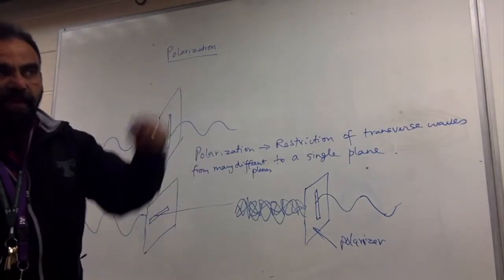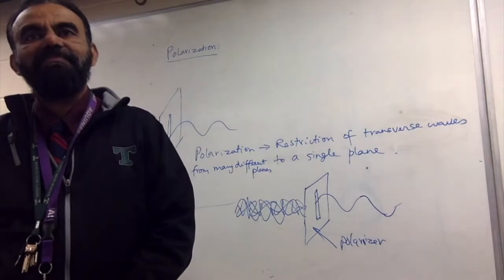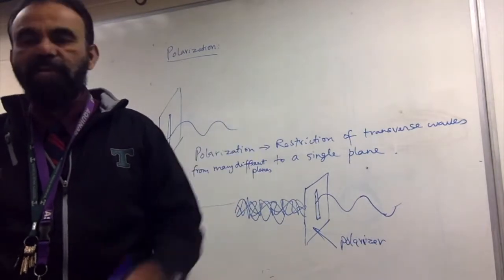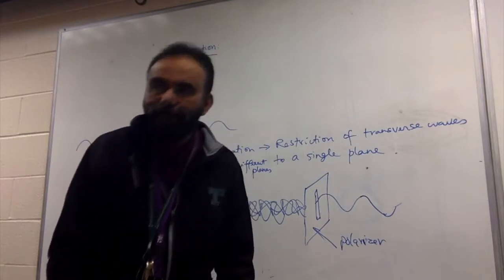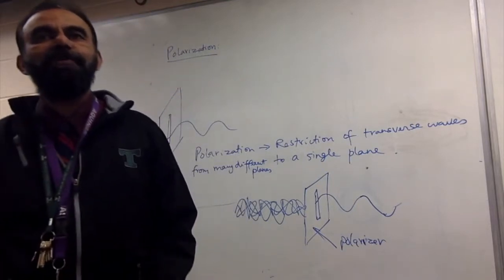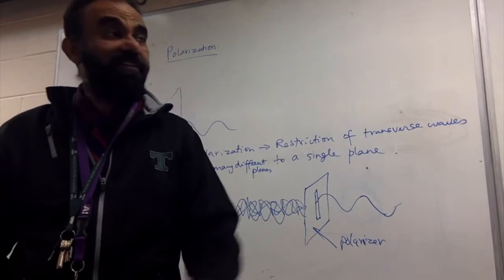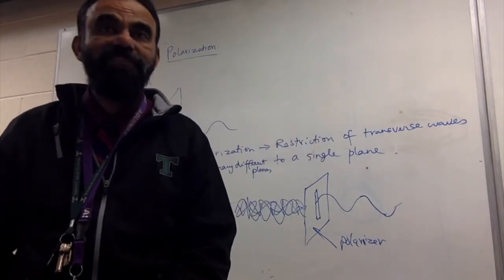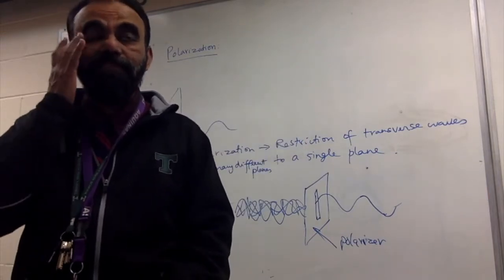Now, can that physical gap of this much polarize light? No way. Why? Because the wavelength of light is very small, and that gap is too big. Because the gap is too big, nothing is going to block it.